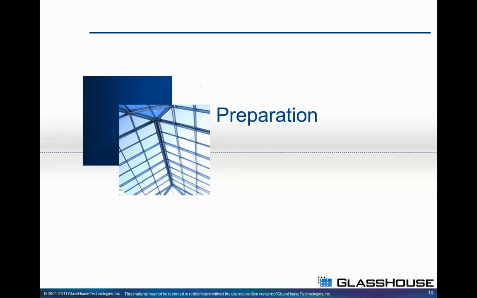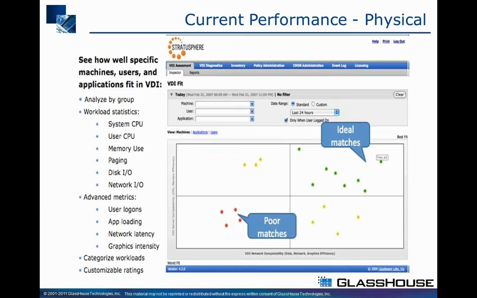So to prepare for VDI, and as I said on the first slide, it's really about taking a step back and looking at the reasons why you're doing VDI. Once you've determined that it is a good fit and it's something that you definitely want to explore further, our approach, and that has been very successful, is to assess whatever is out there.